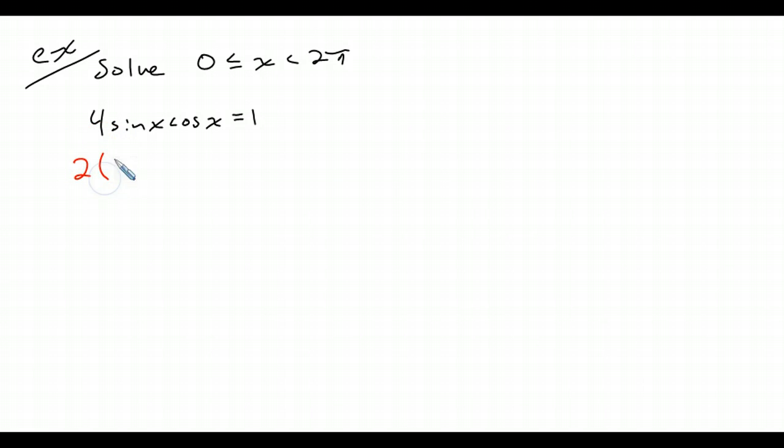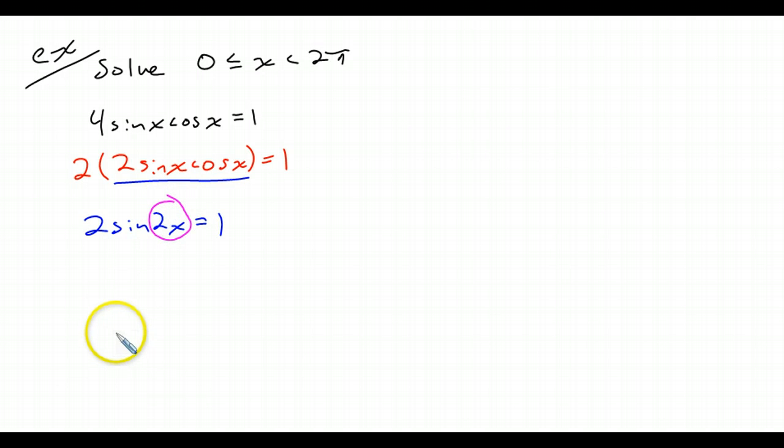So if I factor out a 2 and make this look exactly like the other side, 2 sine x cosine x equals 1, then I can substitute in sine 2x. So I have 2 sine 2x equals 1, and now I have this as my only angle. So I can divide by the 2, so that I have sine of 2x equals 1/2.